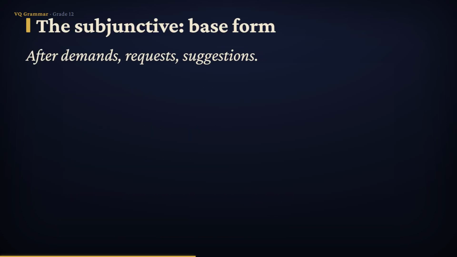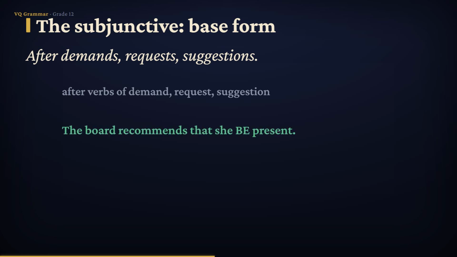Here's the second half of the subjunctive, and it catches almost everybody. After certain verbs, verbs that demand, request, recommend, or suggest, the verb in the that clause drops to its base form. Watch what happens. The board recommends that she be present. Not she is present, but she be present.